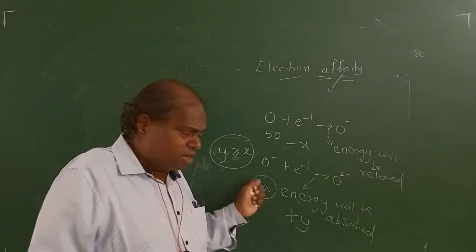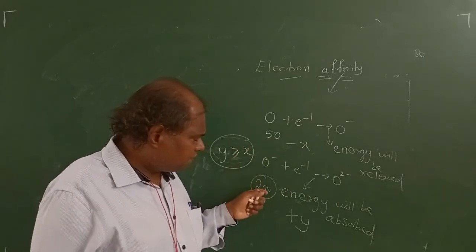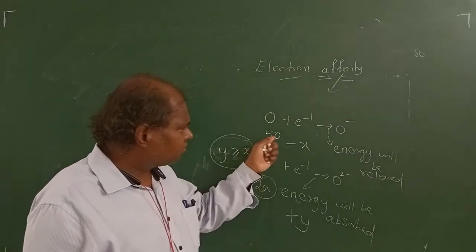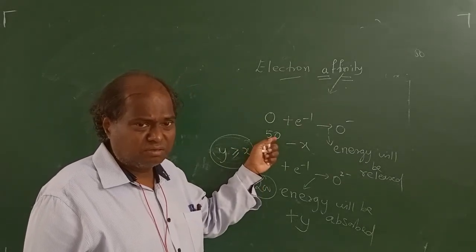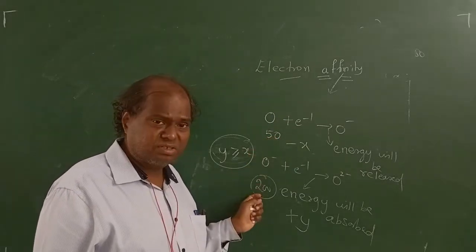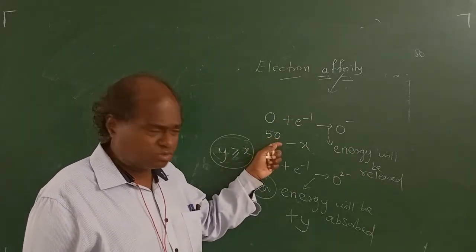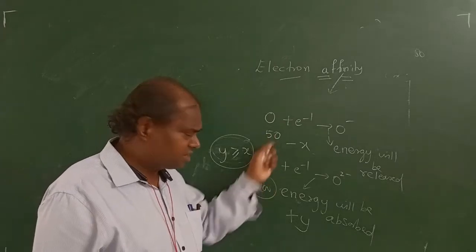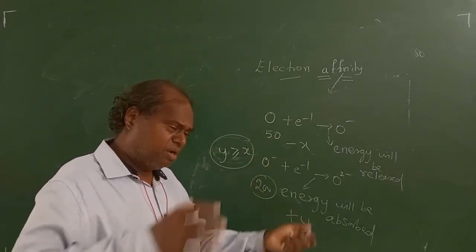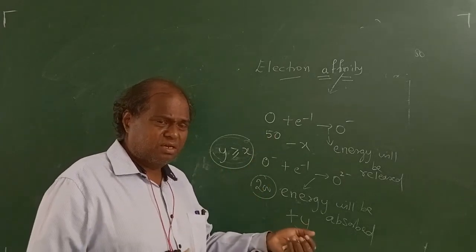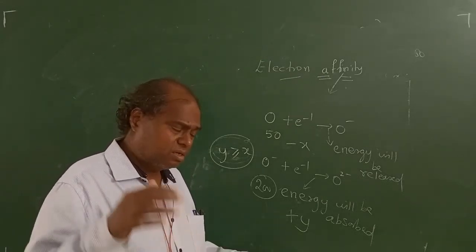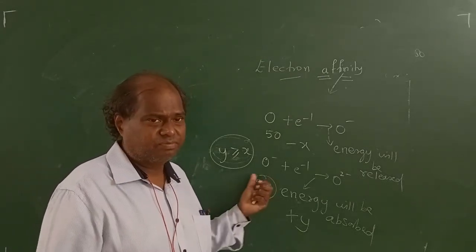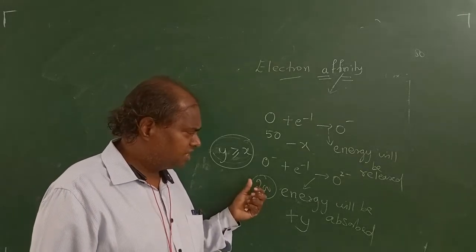It is like spending 200 rupees and only getting 50 rupees back. So your loss is 150, right? So you really have to supply more and more energy. That means you have to push two electrons, and pushing two electrons into oxygen is not that easy. It's very tough. Students getting it?